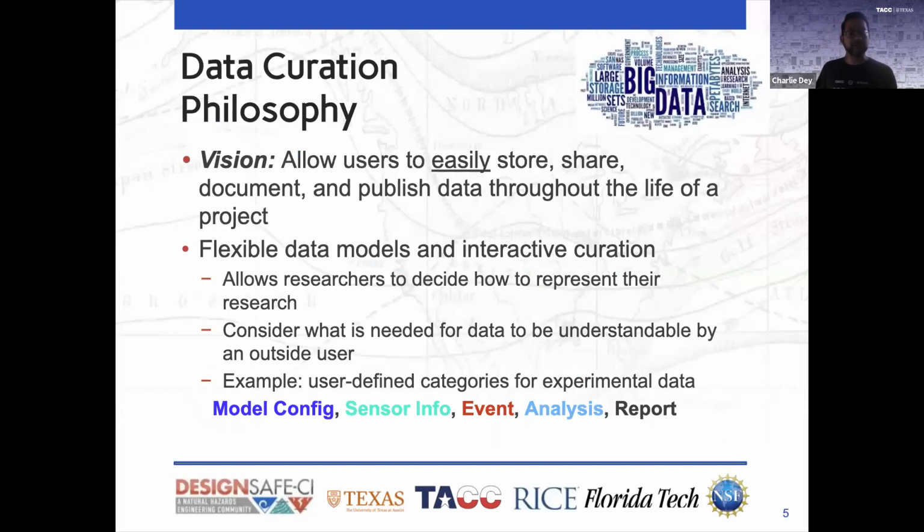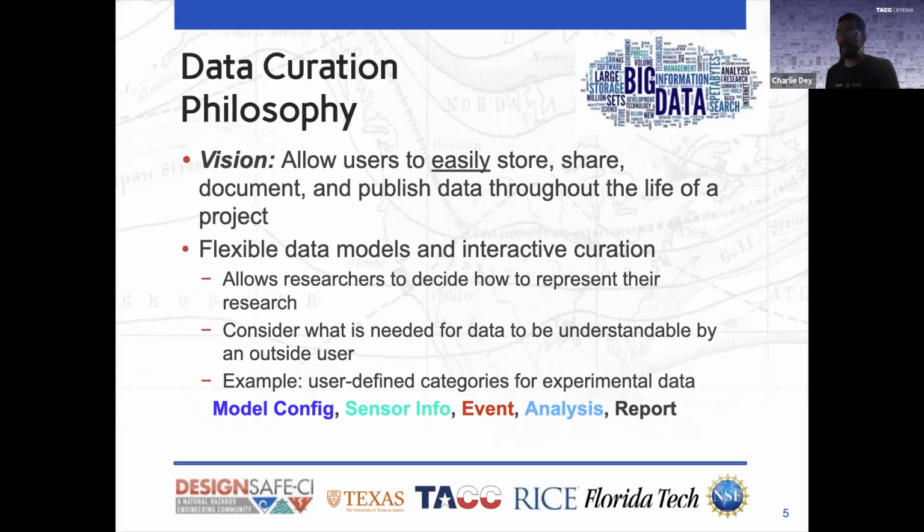So the data curation philosophy: we want to allow users to easily store, share, document, and publish their data throughout the life cycle of their project. The data models are flexible and interactive, and the curation process is also flexible and interactive. It allows researchers to decide how to best represent their data set.